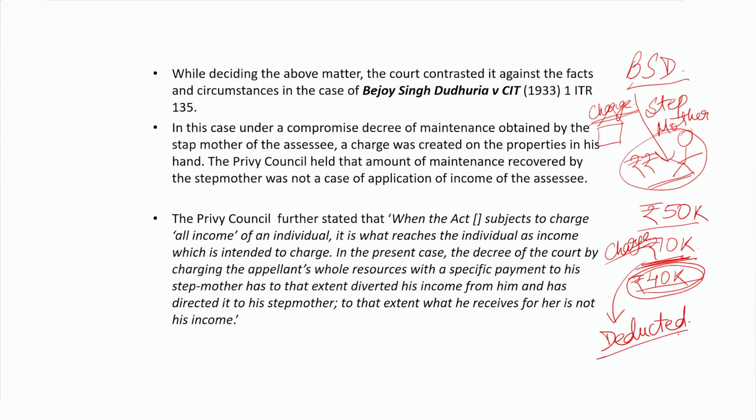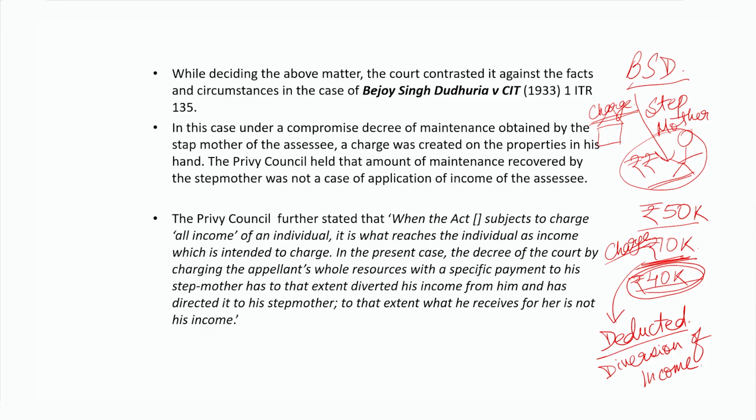Why? Because over here, this amount was to be treated as one wherein there was diversion of income, right? So the Privy Council in this particular case further stated that when the Act subjects to charge all income of an individual, it is what reaches the individual as income which is intended to charge.